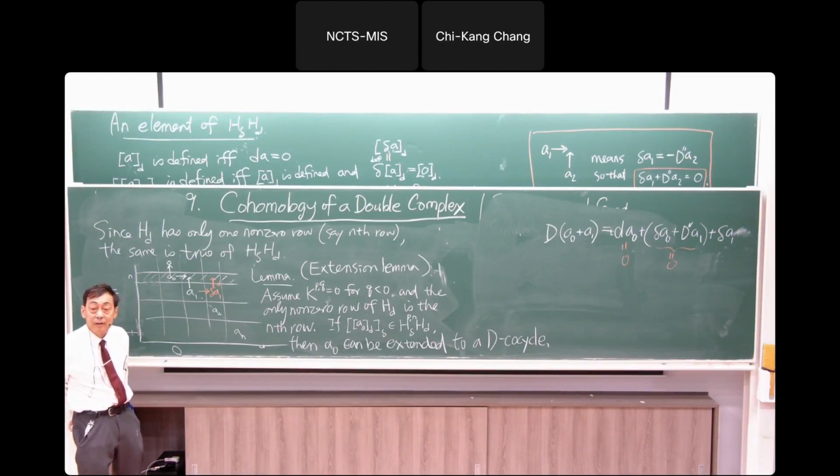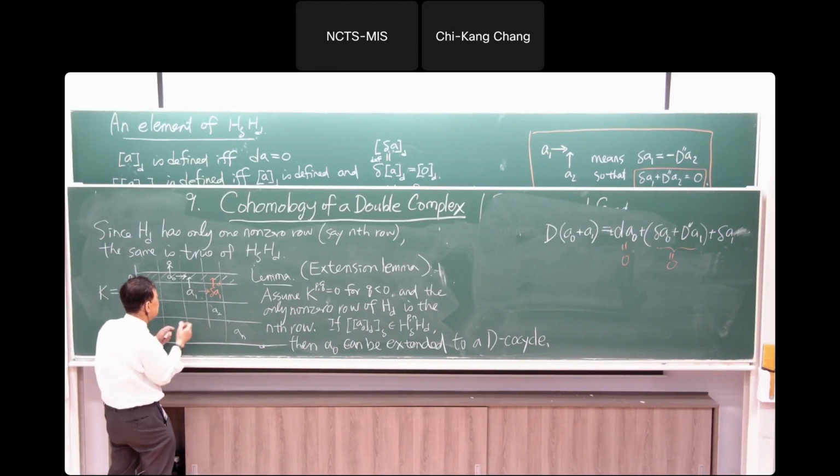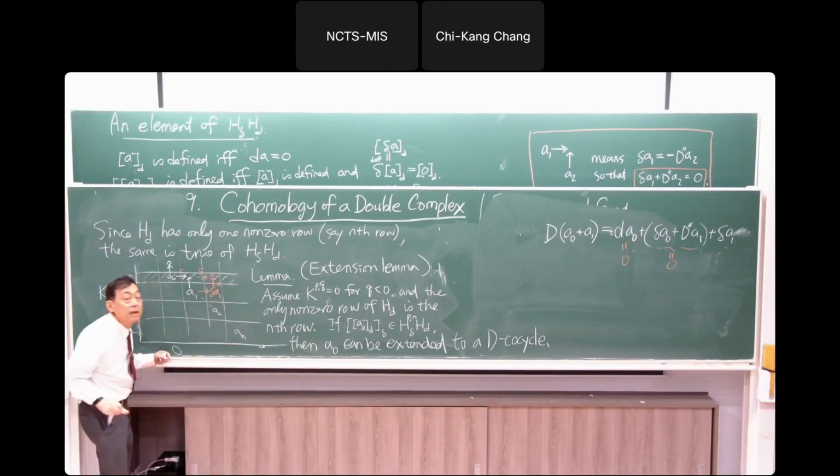Well, because d and delta commute, right? So you got a commutative diagram. And so when you go up here, it's delta of this element, but then that's delta of this element. So you have delta square, and that's going to give you 0. So delta A1 is actually a D cocycle.